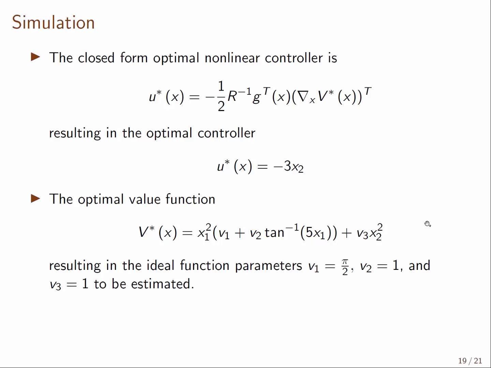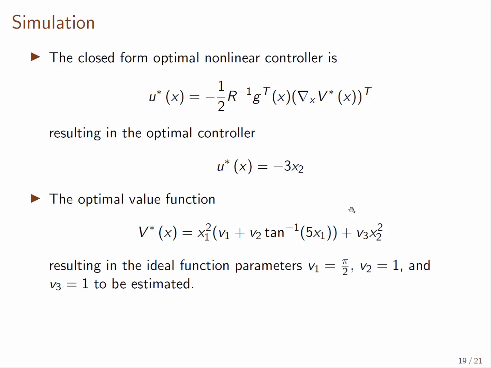Since we know the ideal weights in the value function and the cost function, and the dynamics, we can compare the estimates of theta hat and the estimates of w sub q and w sub r and w sub v that come out of our method with their ideal values.